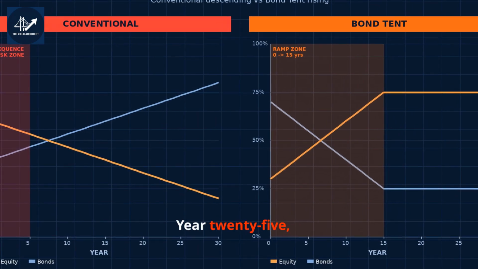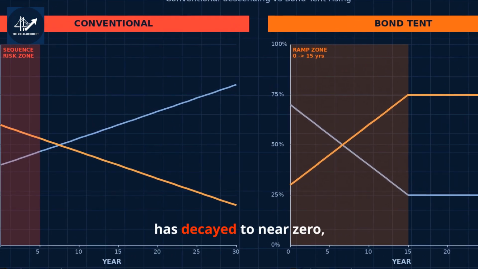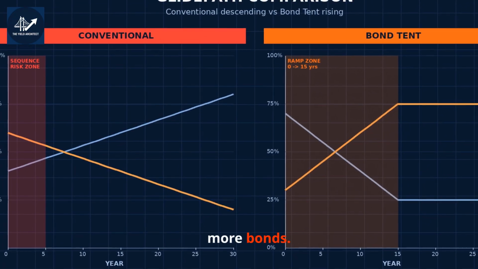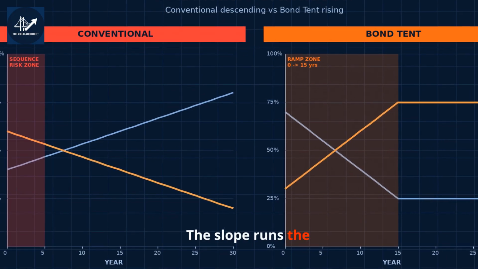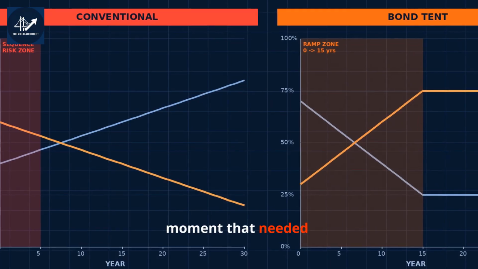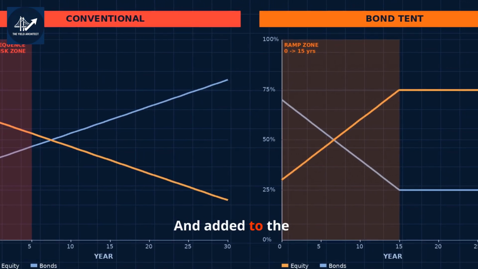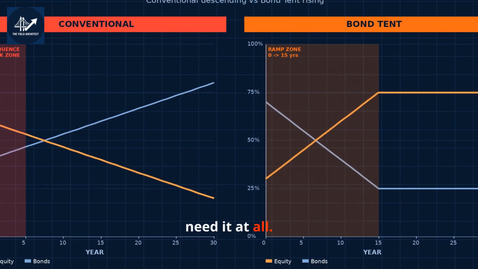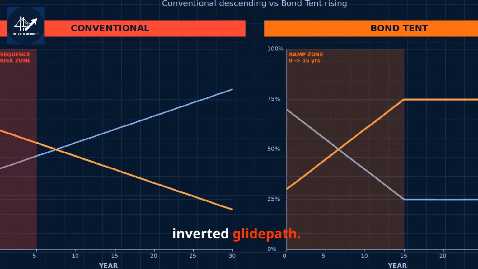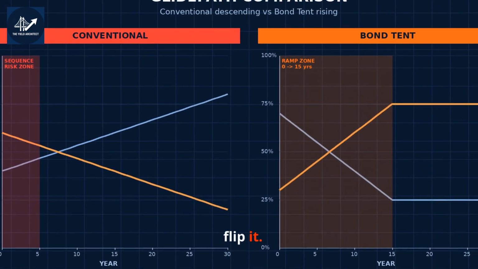Year 25, when sequence risk has decayed to near 0, conventional planning says, hold more bonds. The slope runs the wrong direction. The support is removed from the moment that needed it most, and added to the moment that did not need it at all. That is the inverted glide path, and the fix is to flip it.